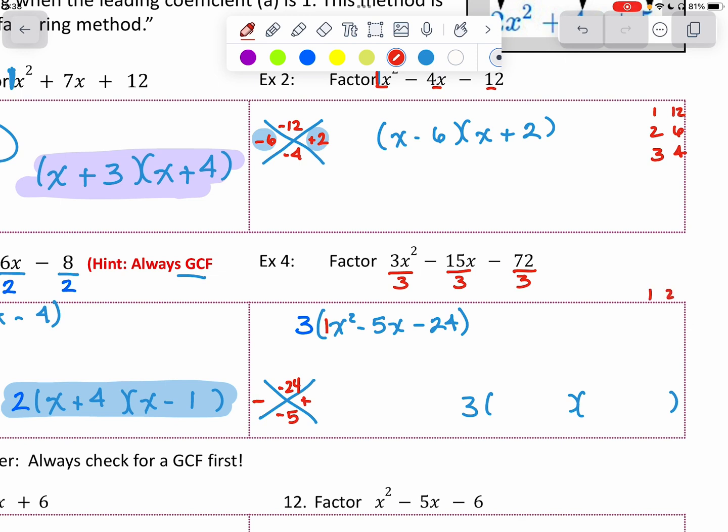I have 1 and 24, 2 and 12, 3 and 8, and 4 and 6. And so the two that are going to combine to give me a -5 are going to be 8 and 3. So this is going to be a -8 and a +3. Because that leading coefficient is 1, I can go straight to my factors. So the factored form is 3 times x minus 8 times x plus 3.